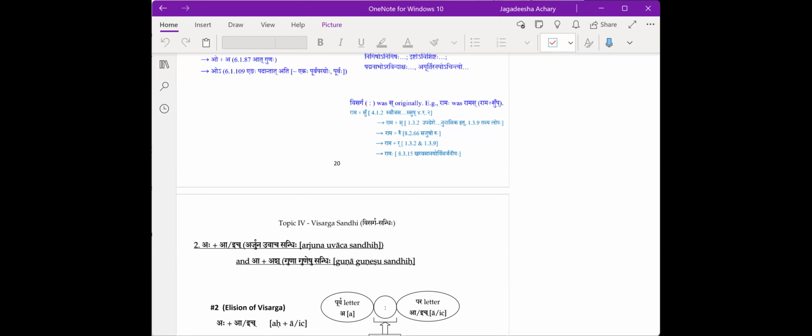Whoever asked the question, I didn't get the name. Sudha plus Akaraha. Sudha ends with dirgha A, two matras. Akaraha starts with two matras. So in Sudhakaraha, there's A plus A, so four short akaras or four matras are converted into one dirgha. Two are missing, right?